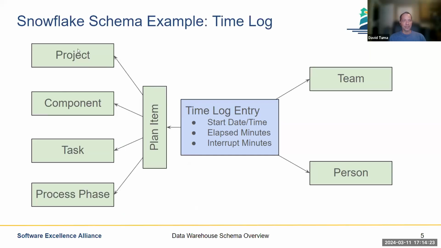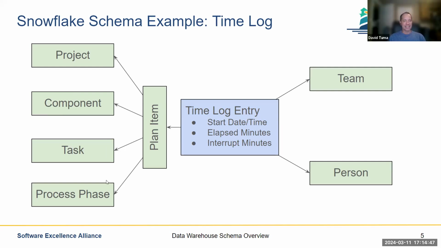The only thing that's different is that I've still got project, component, task, and process phase, but I've added a little bridge dimension in between. In this case, I've got a plan item dimension whose rows represent the distinct tasks in a project plan. Every task in a project plan belongs to a specific project.